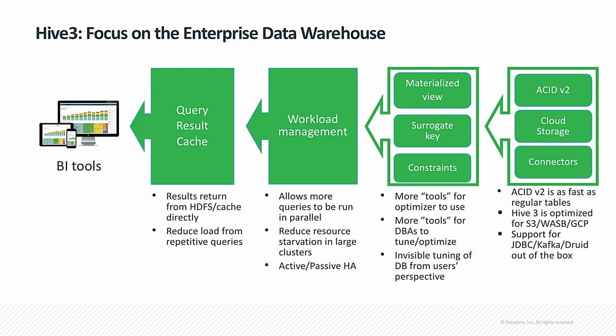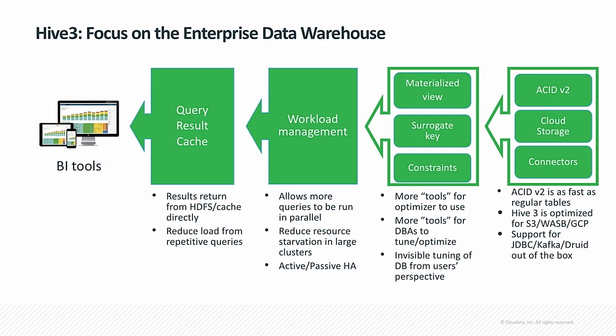That basically improves the concurrent query execution when running on LLAP. We've added active, passive, high availability for Hive Server 2. Let's see what else. Materialized views, constraints. Let's see, ACID v2. Basically, we've made a lot of improvements for ACID for performance and other stuff.